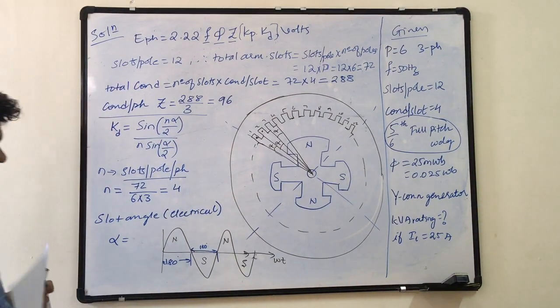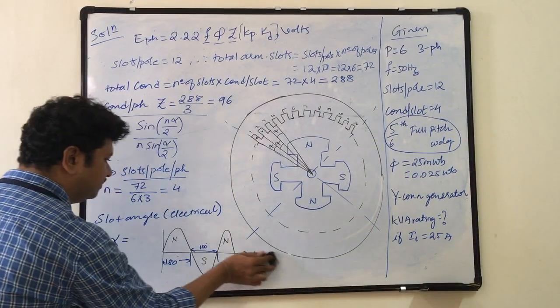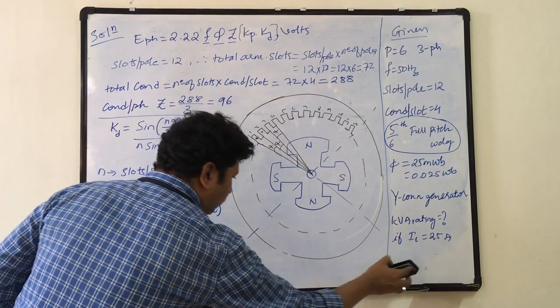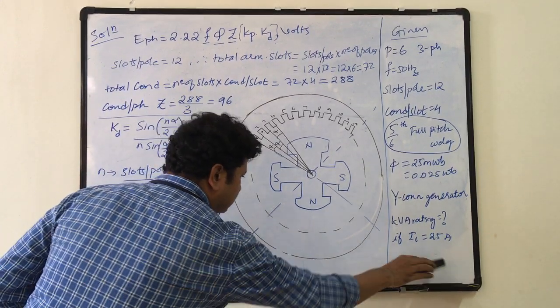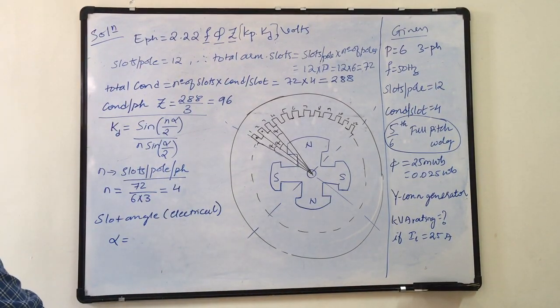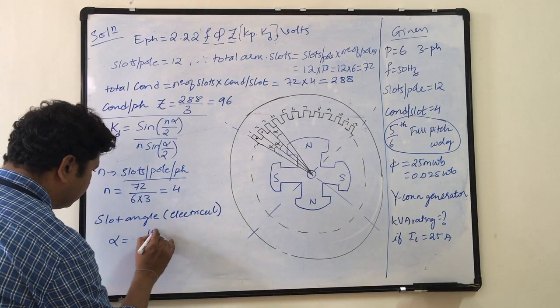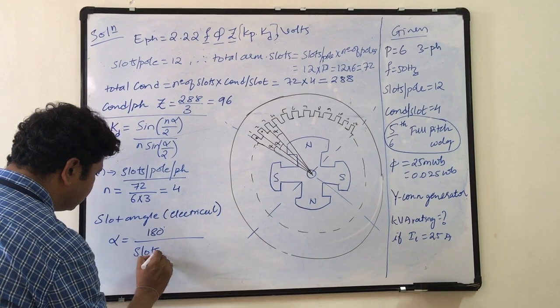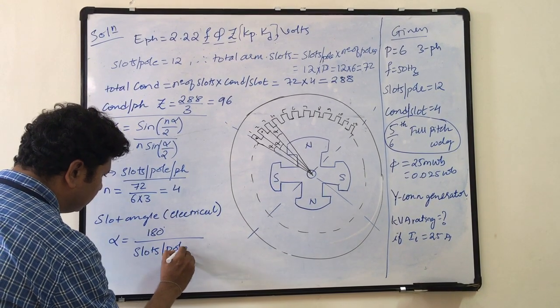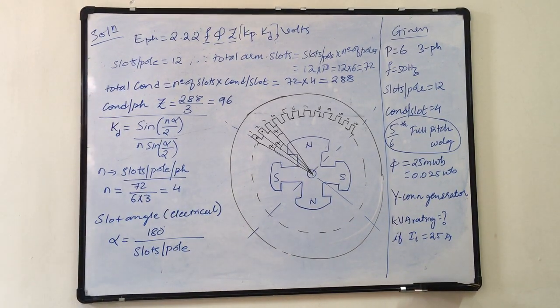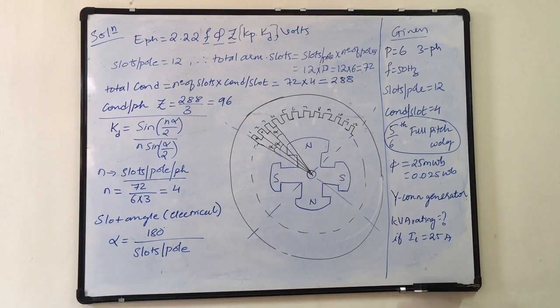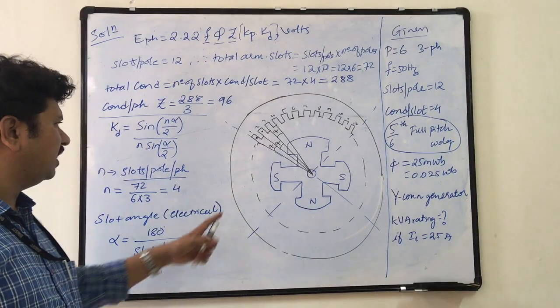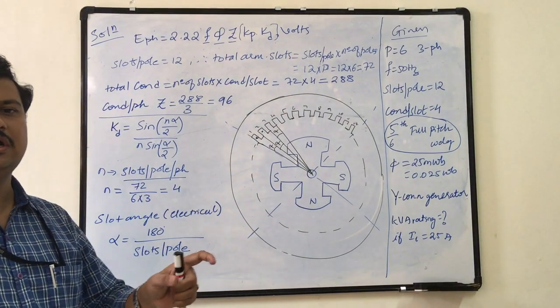So the slot angle is nothing but 180 degrees divided by slots per pole. Why 180 degrees? Because each pole induces one half cycle, and that spans 180 degrees.